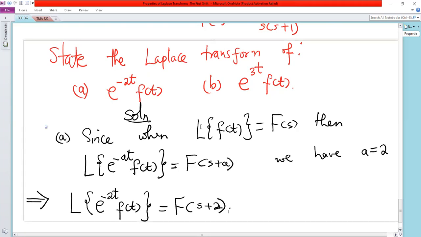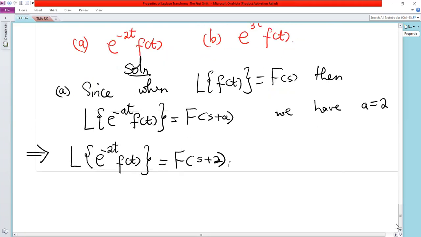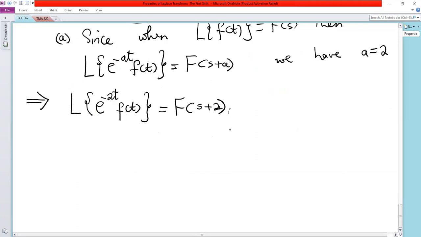Now, we have already been given F of s, which means F of s plus 2 will be easy to find by simply taking the role of s to be s plus 2.